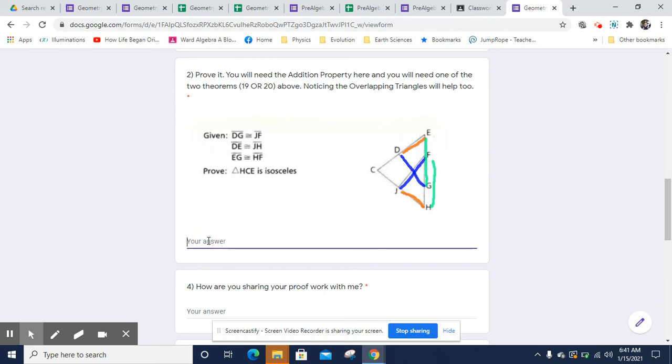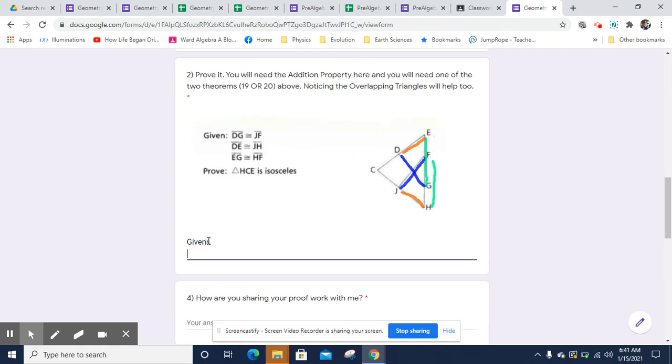So here we go. After the givens, we can say triangle HJF is congruent to triangle EDG by side-side-side postulate.